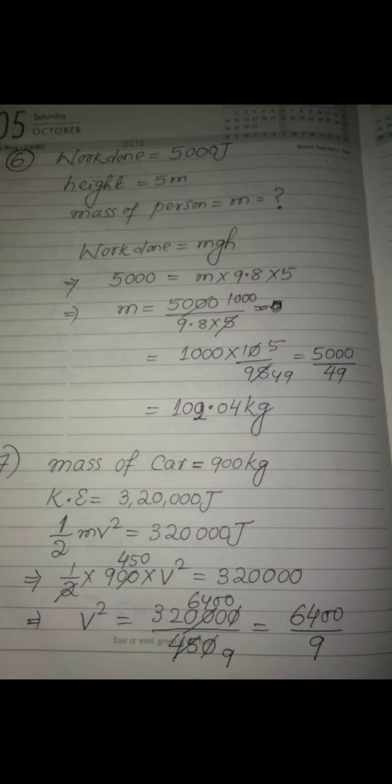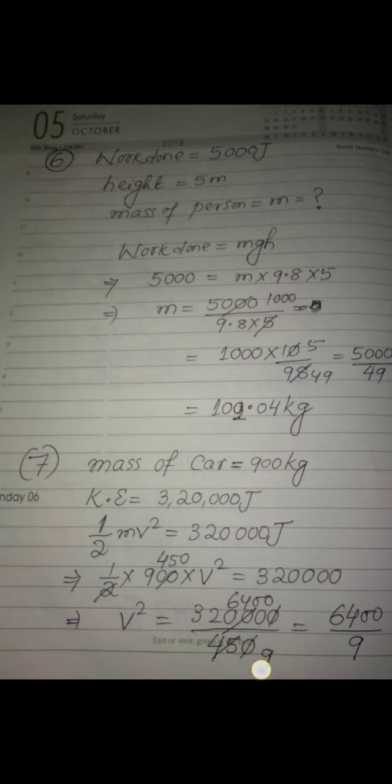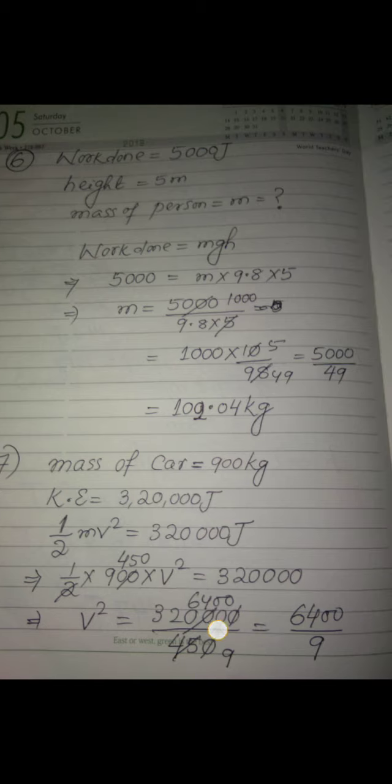Thus, v square is equal to 3,20,000 divided by 450. Then, after calculation, it will come 6,400 divided by 9. v square equals 6,400 by 9.